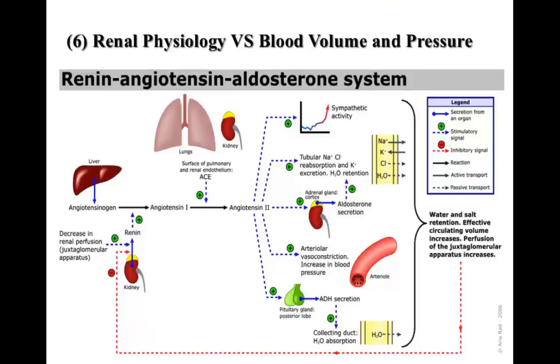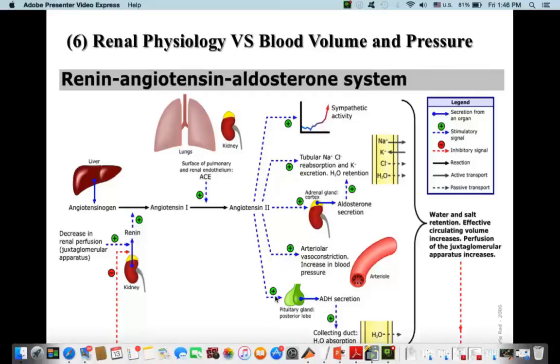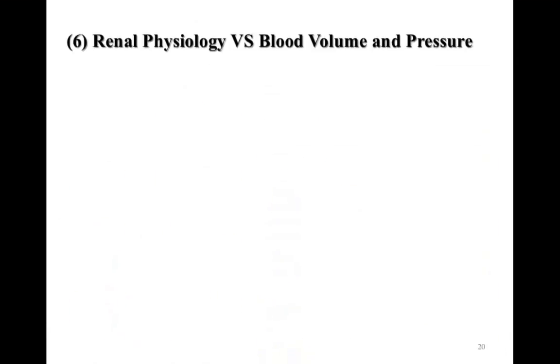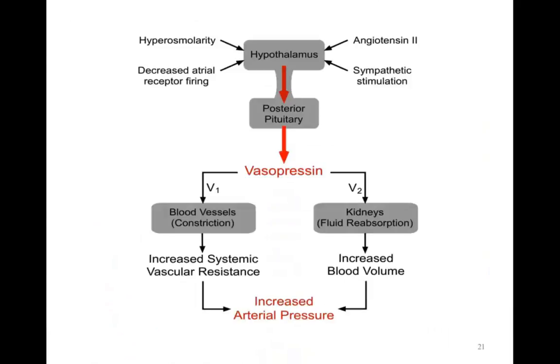Actually, angiotensin does one more important thing to elevate the arterial blood pressure. It acts on the posterior pituitary gland to release ADH or antidiuretic hormone, which is also called vasopressin, and we will stop for a little bit to talk about it. In general, ADH is secreted from the posterior pituitary gland, as you've just known. There are two subtypes of ADH called vasopressin 1 and vasopressin 2.